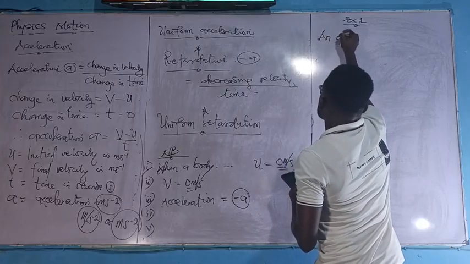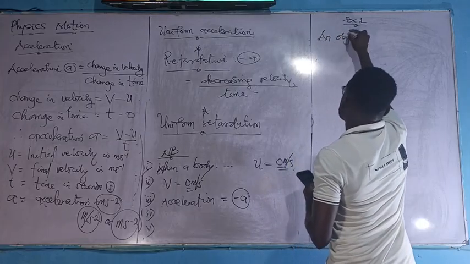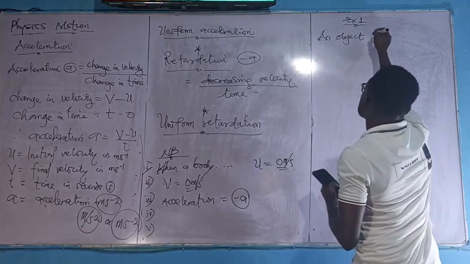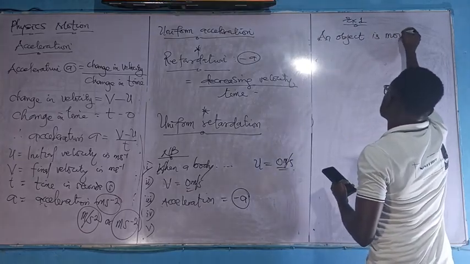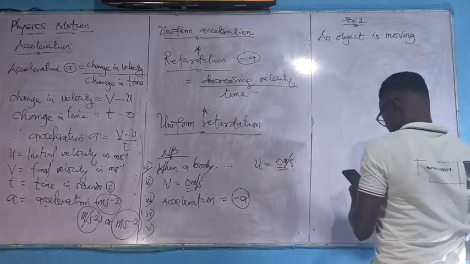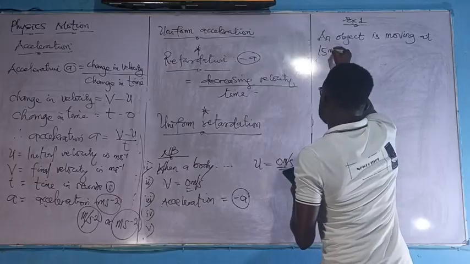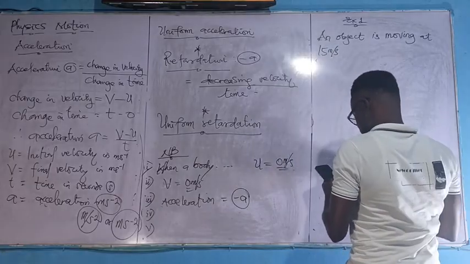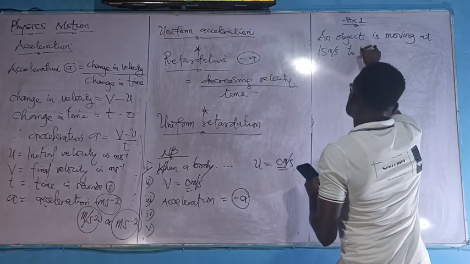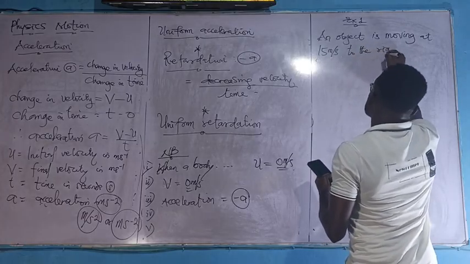An object is moving at 15 meters per second to the right.